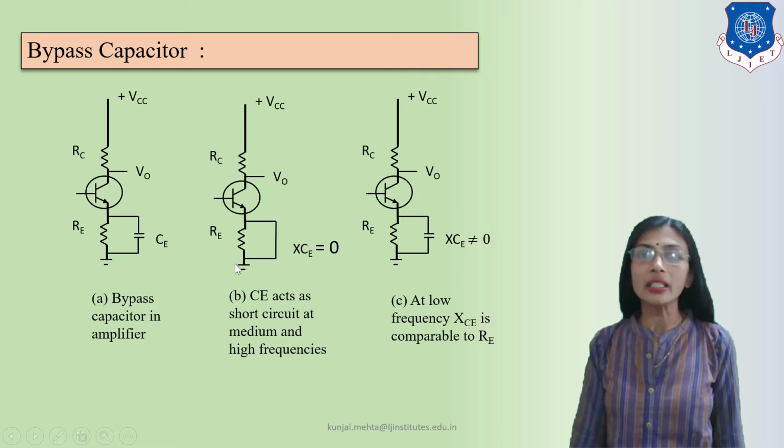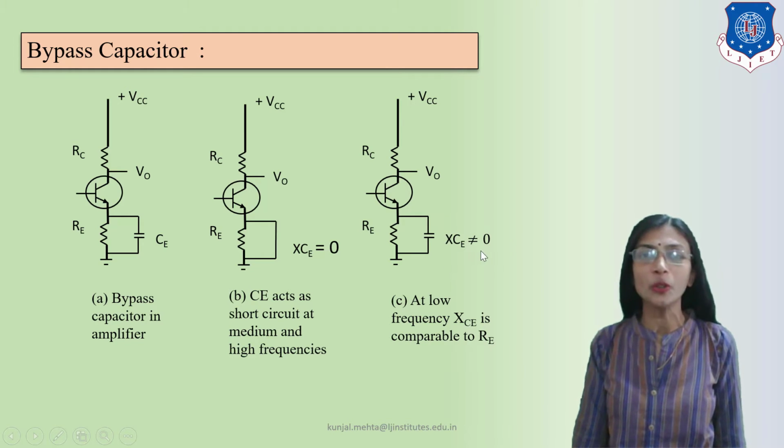This is another assumption of bypass capacitor CE: if XCE is equal to 0, and this one is the third consideration of bypass capacitor, that is if XCE is not equal to 0.